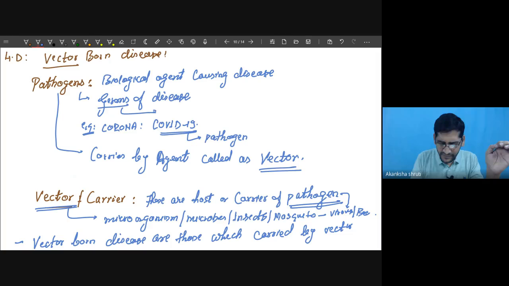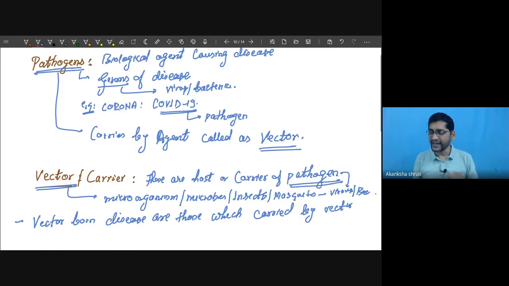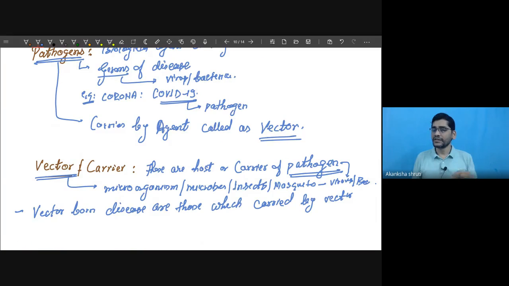So these germs are like your virus or bacteria. So whatever the germs, the virus or bacteria, contain certain chemicals which can cause disorder in the organism. So that activity, that germ is called a pathogen. But this pathogen is present over some other organism.